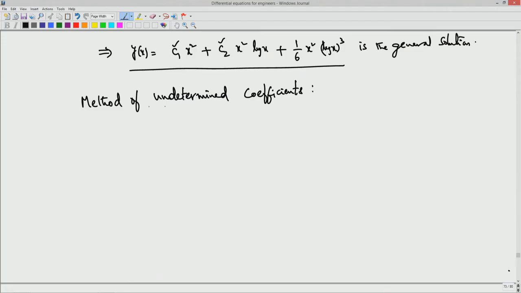This is just an ad hoc method that works only when the right hand side non-homogeneous term f is a combination of simple functions like polynomials, exponential, and sine and cosine only.